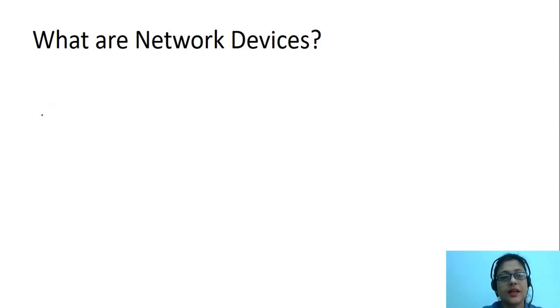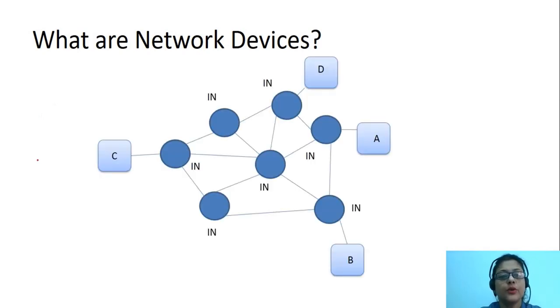Now, let us understand this with the help of this diagram. You can see here, this is an example of a network having a large number of blue colored nodes, and these nodes are known as the intermediate nodes. These points are known as end stations.